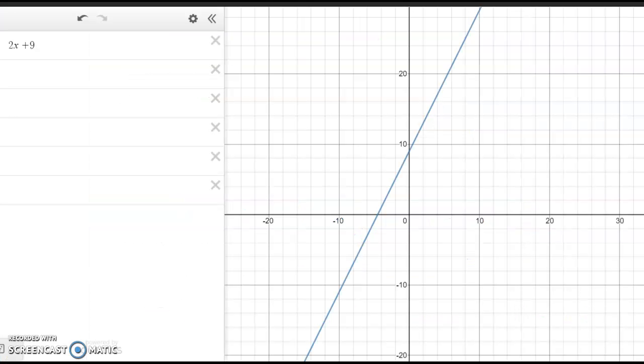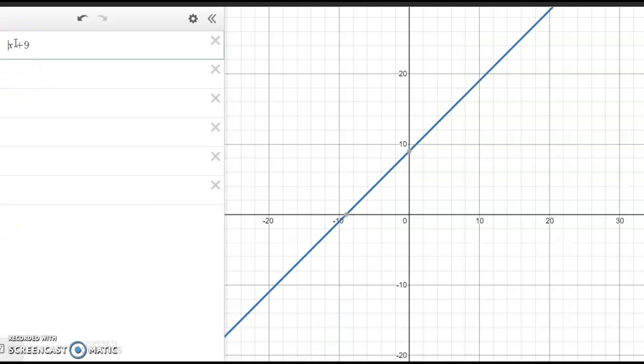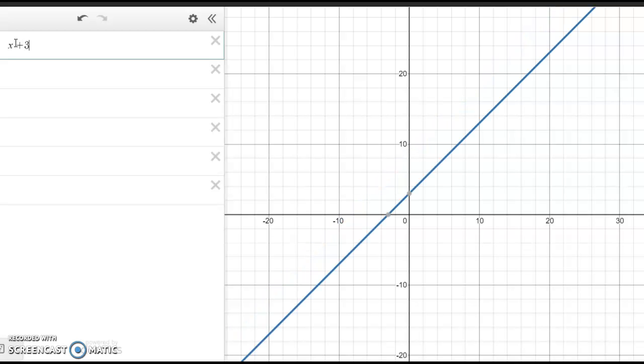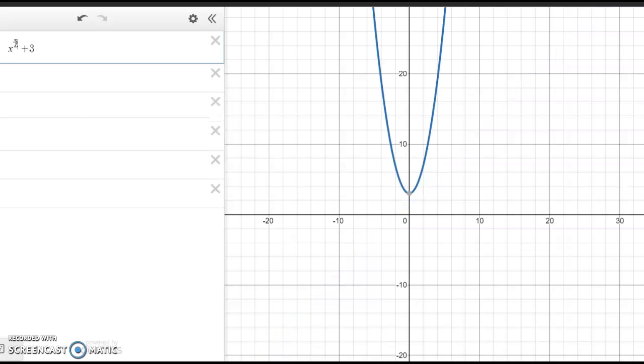If I can switch over right now, if you look at this graphing calculator, you can see that I have 2x plus 9 right here, and notice we have a straight line, and that's to the first power, so it doesn't matter what you put in here, it's going to stay a straight line. But as soon as I raise it to anything besides 1, notice that we no longer have a straight line.